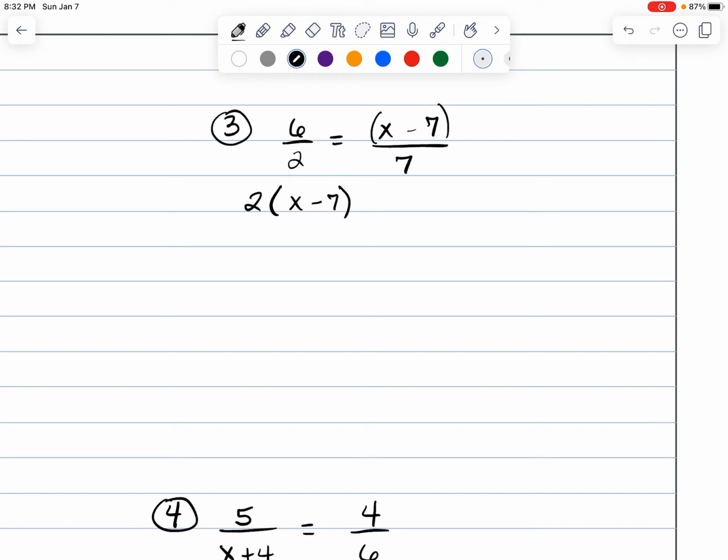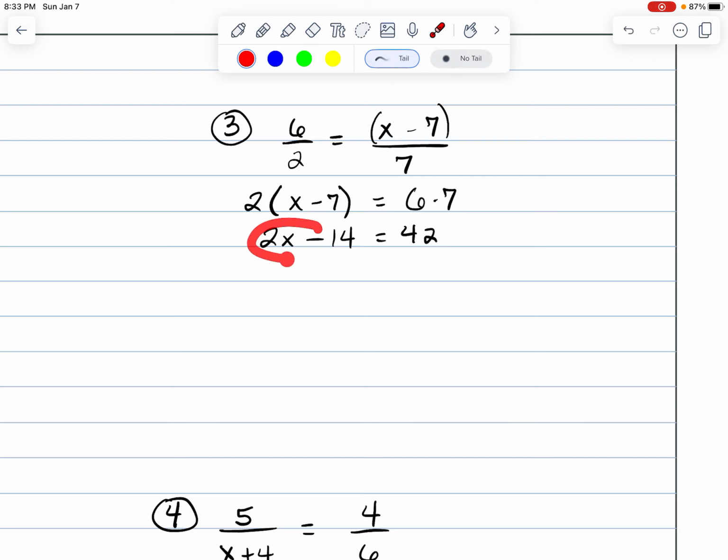All right, so we're still going to take 2 times the quantity of x minus 7, and that's equal to 6 times 7. Well, when you have this, you need to use your distributive property. So we have to say 2 times x and 2 times 7. So the 2 times x is going to be 2x, 2 times 7 is minus 14, and 6 times 7 is going to give us 42.